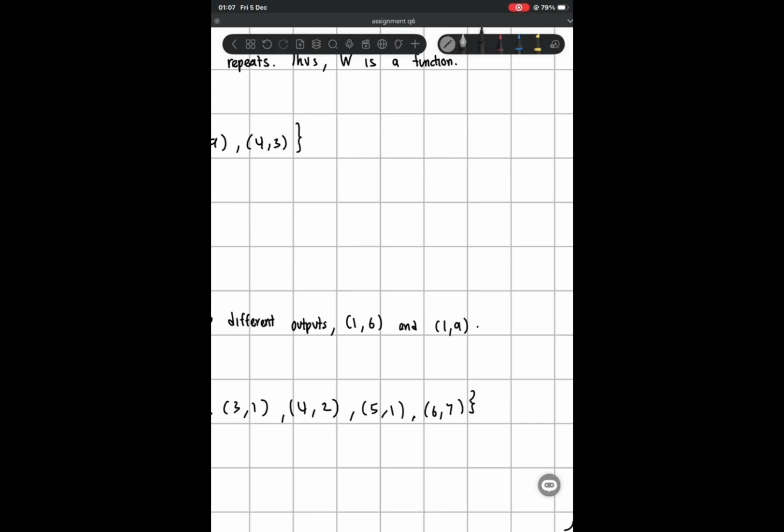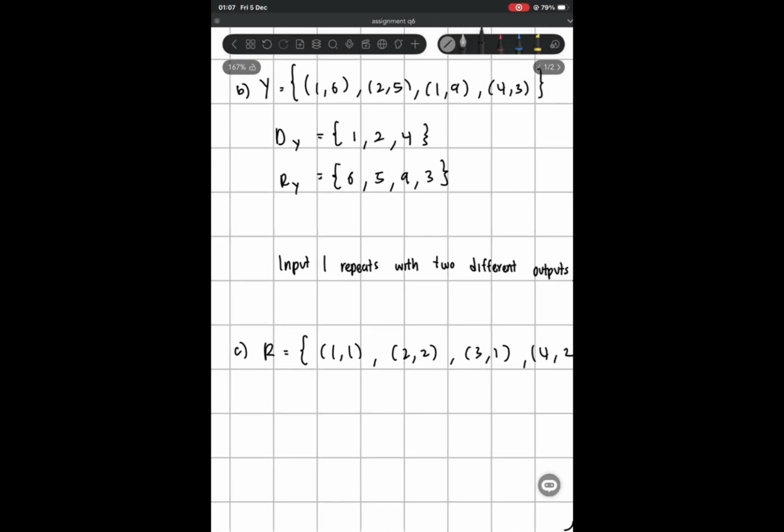So we can conclude that thus Y is not a function.